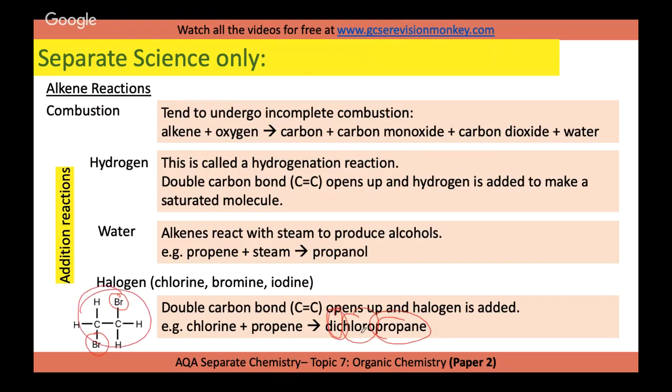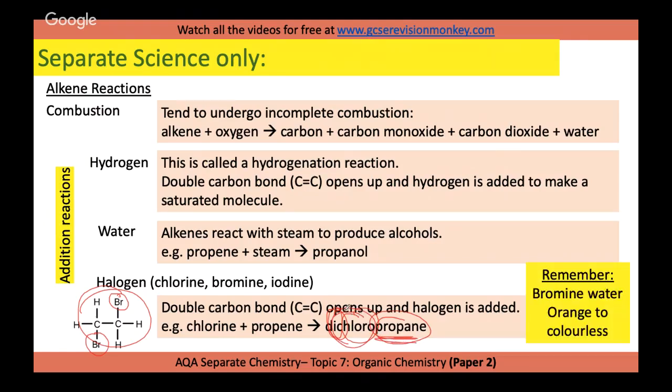So di meaning 2, there's the halogen bit in there, and then you've got the saturated molecule again. Remembering, as we said before, that bromine water turns from orange to colourless. So when you're adding bromine water, this is essentially what you're doing, changing it into a dibromo molecule.